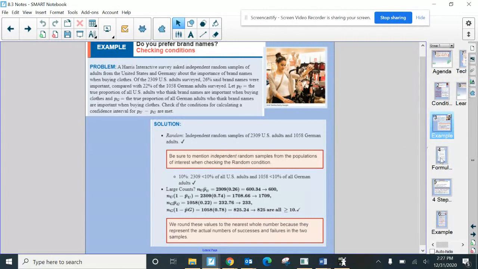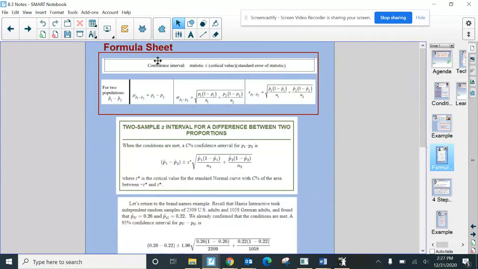So now that we have those conditions met, let's take a look at our formulas for doing the confidence interval. On your formula sheet, you are given, again, the confidence interval is the statistic of interest plus or minus the critical value, so our z-star, times the standard error of our statistic. So when we have a difference of two populations, we can go ahead and subtract to find the difference of the proportions.